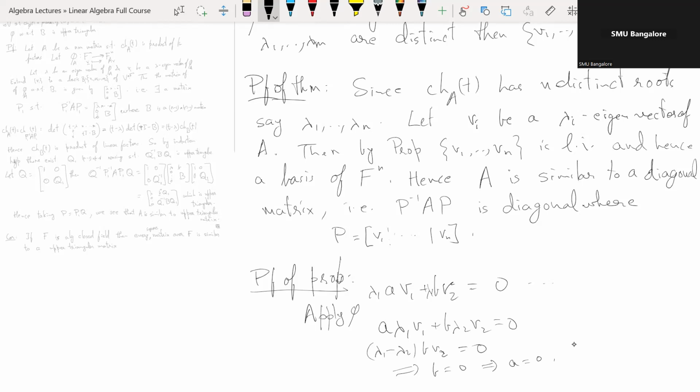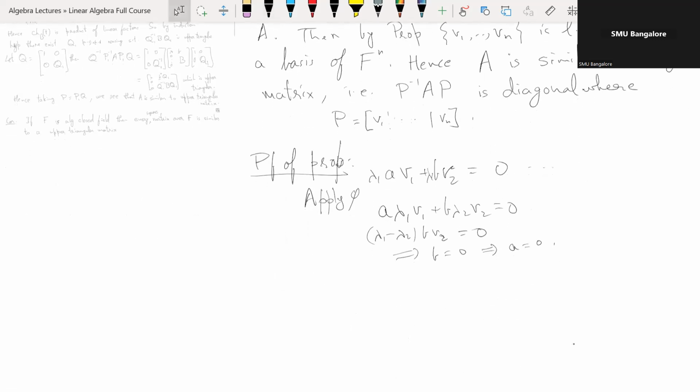In fact, you can do this more generally. Maybe this was the n equals 2 case; n equals 1 is straightforward. So generally, maybe you use induction on m rather.